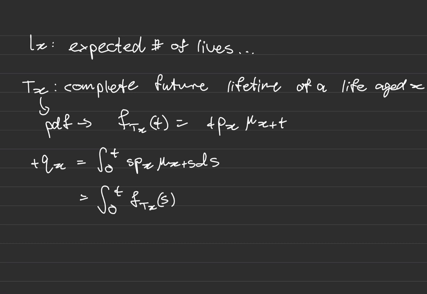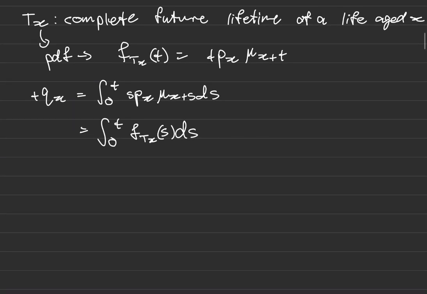I've integrated this PDF from 0 to t. So what happens when you integrate a PDF? Well, you're going to get the CDF at that particular point. So this is going to be F_Tx at time t, or the probability that Tx is less than or equal to t.